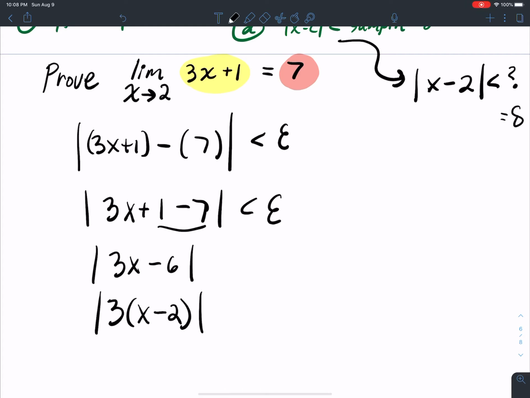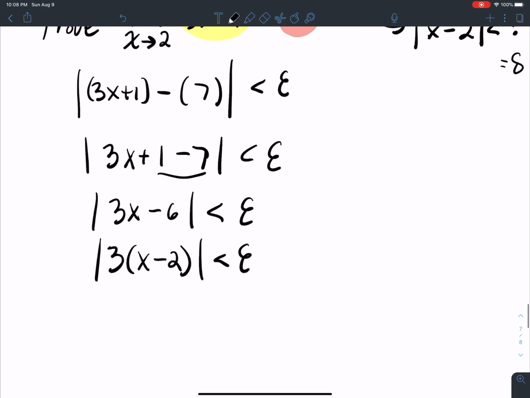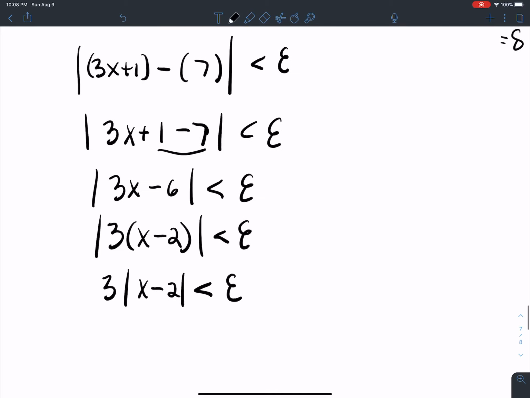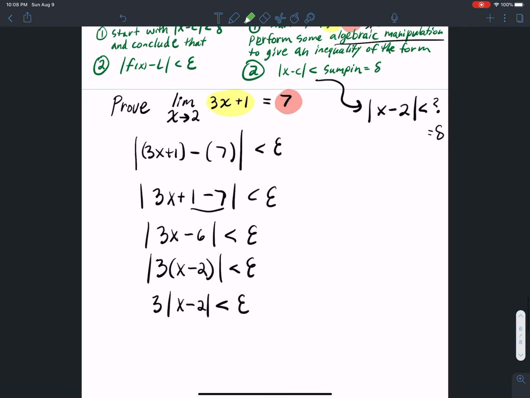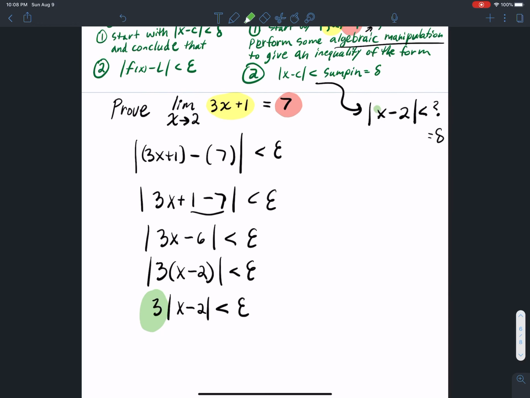Now, all these are less than epsilon here. Okay, and so I have 3 times, I'm going to take that 3 out, x minus 2, in absolute value. Okay, and so I'm right there. The only thing I've got to do is I need to get rid of multiplying by 3.